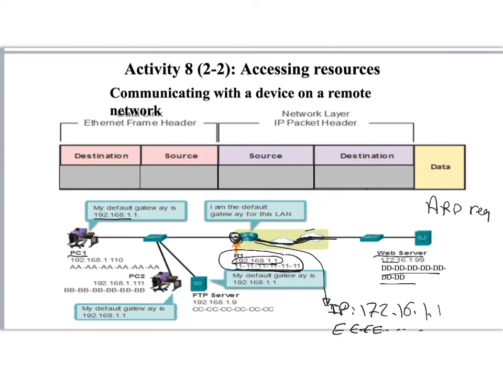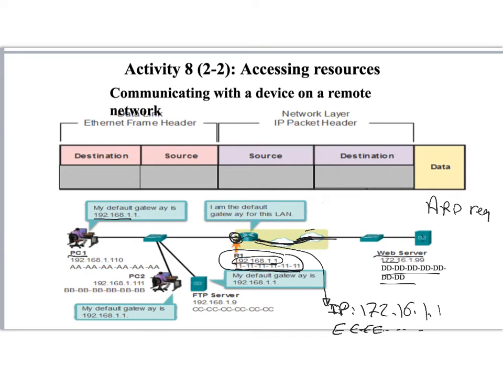So now let's solve this activity. So this activity now asks us for the destination physical address, source physical address, source IP address, and destination IP address. So what are these values now, given what we have discussed?